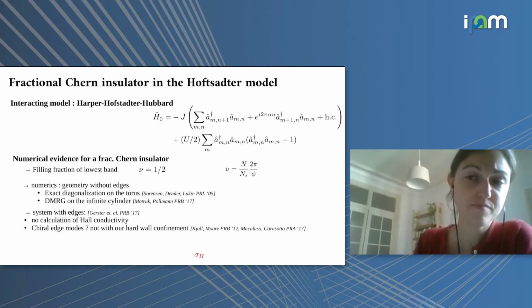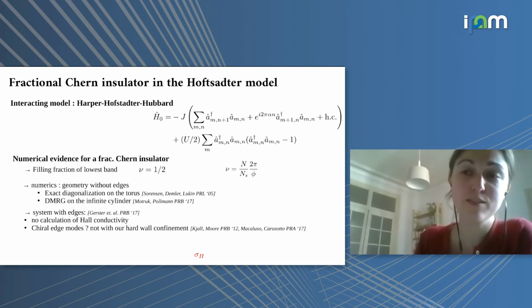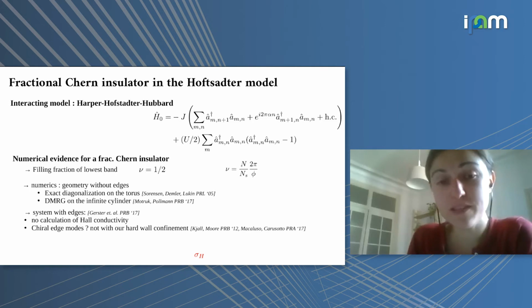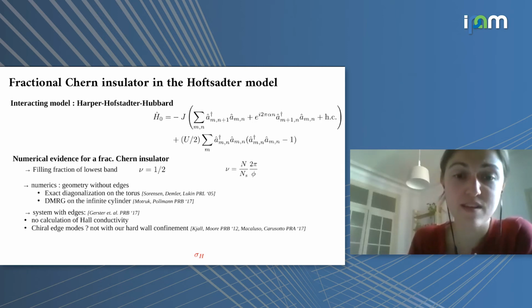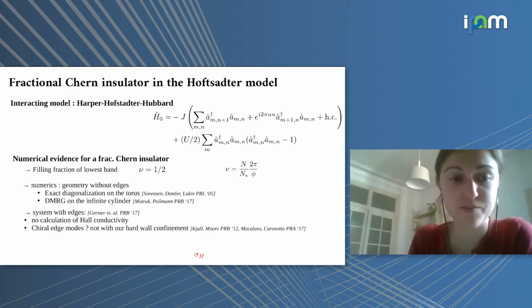And the other thing is, in geometry with edges, typically because you have a topological system, you would expect chiral edge modes, but we will be using here a hard wall confinement, which is in line with some ongoing experiments. And with this hard wall confinement, these edge modes are actually gapped out.